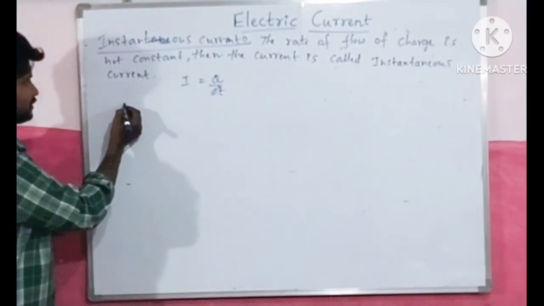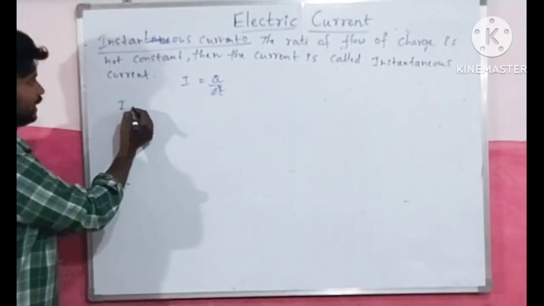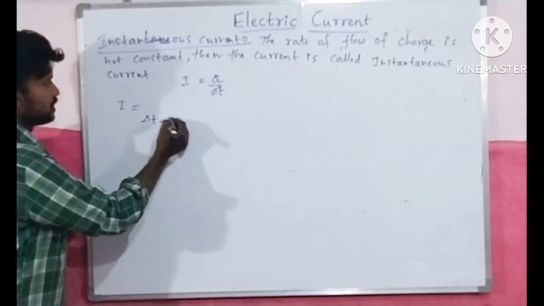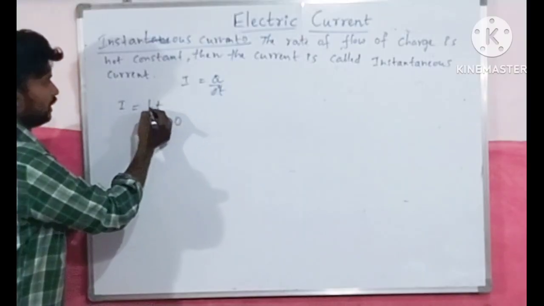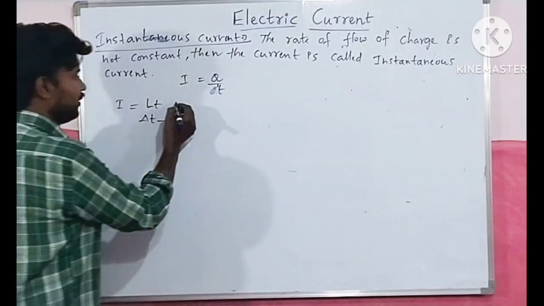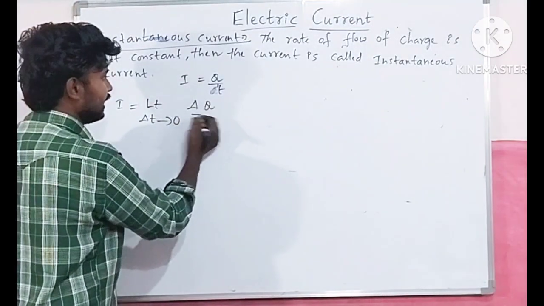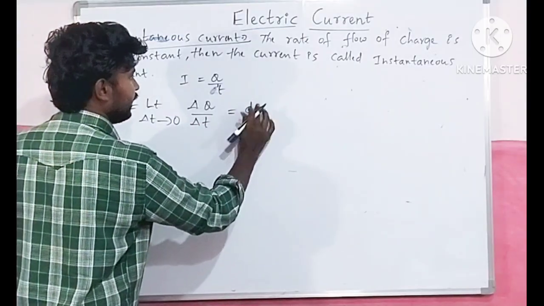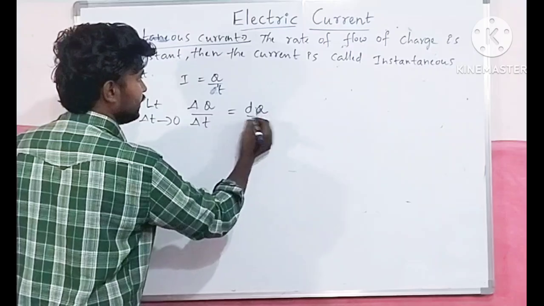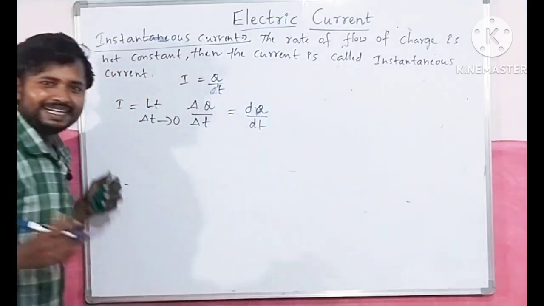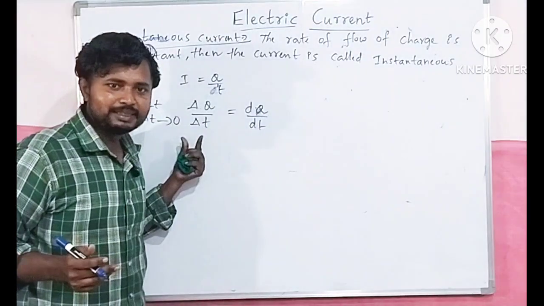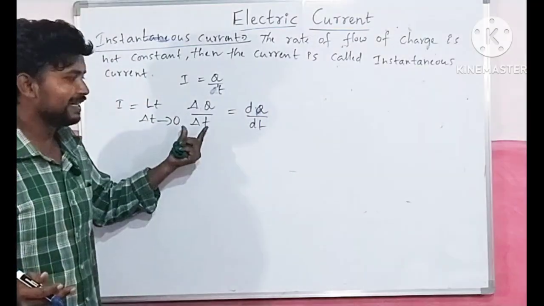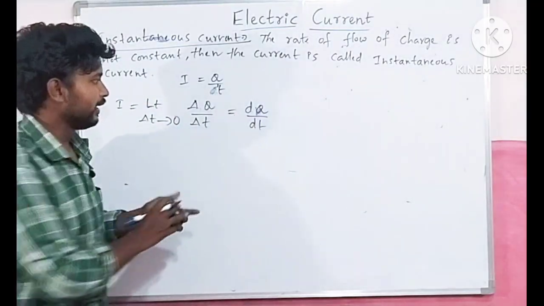So I equals the limit as delta t tends to 0 of delta q by delta t, which equals dq by dt. When the time interval becomes 0, delta q by delta t equals dq by dt.